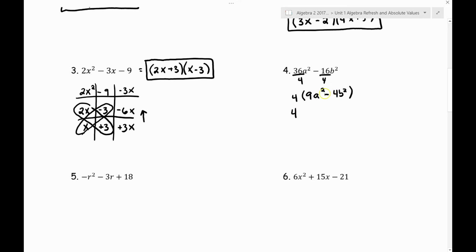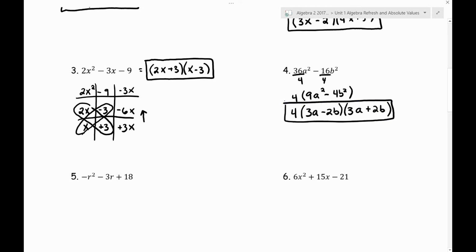In the case that this were a plus, that would not factor anymore. This would be your final step. But because this is a difference of squares, I can factor it more. This would be 3a minus 2b times 3a plus 2b. And this is done.